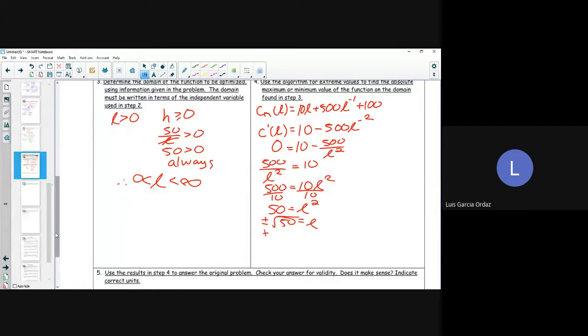So I get plus or minus 5 root 2 is equal to L. Can I take both solutions, or is one of them inadmissible? So my positive one is going to be the only one that works. So L is equal to positive 5 root 2, and L is equal to negative 5 root 2. This one doesn't work because it's less than 0 and does not fall in my domain.